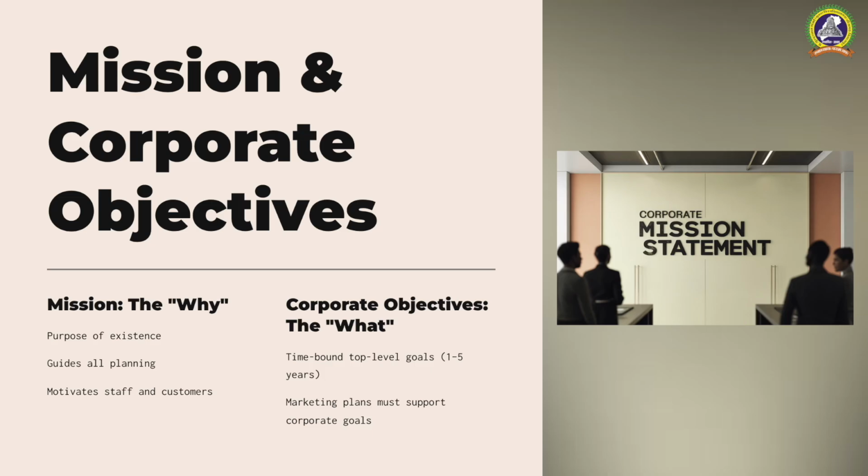Basically, it is a straightforward declaration that shows why the organization is in business. It provides basic guidelines for all the future planning and establishes the broad parameters for the future. A useful mission statement does more than just define the business. It also serves to motivate both staff and customers.